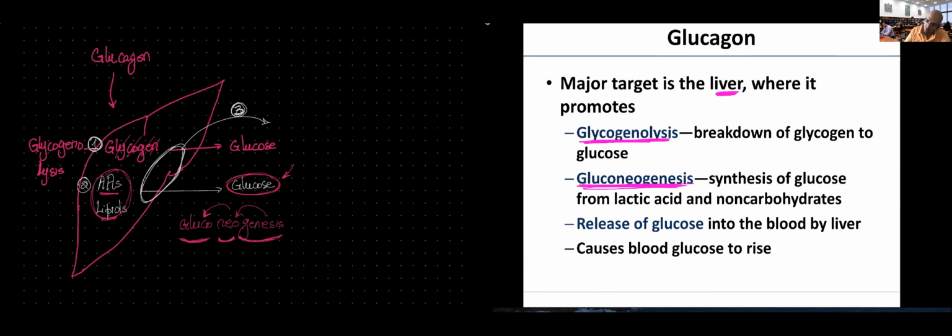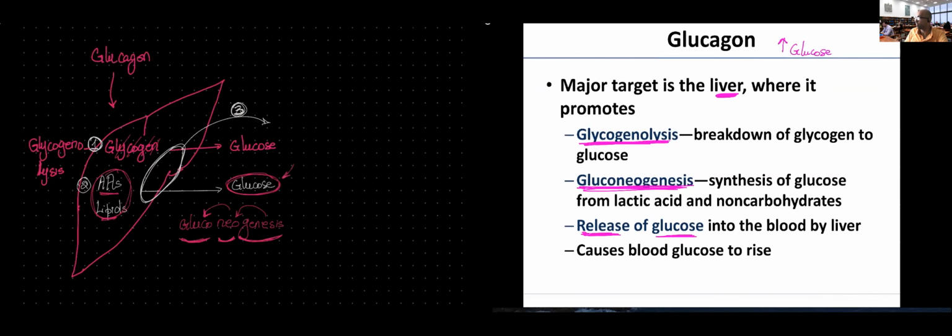A third action will be to release this glucose that you got formed from the liver in the bloodstream. This is how the glucagon is increasing my blood glucose level. It's a hyperglycemic hormone.